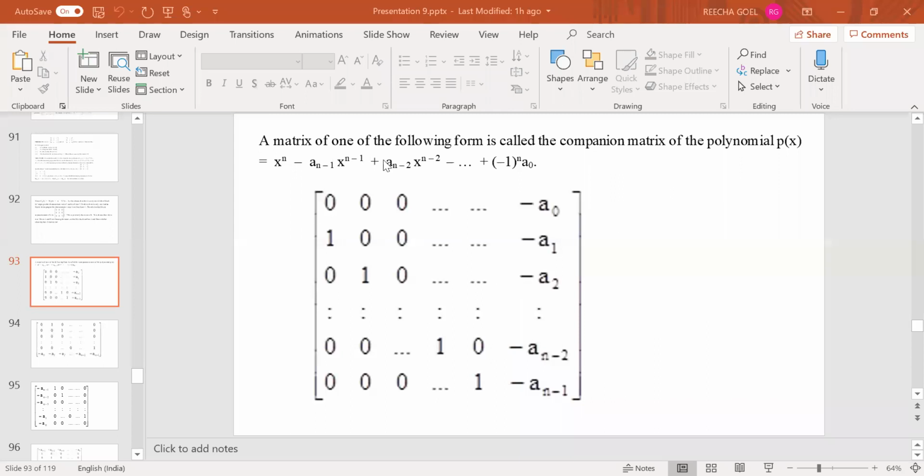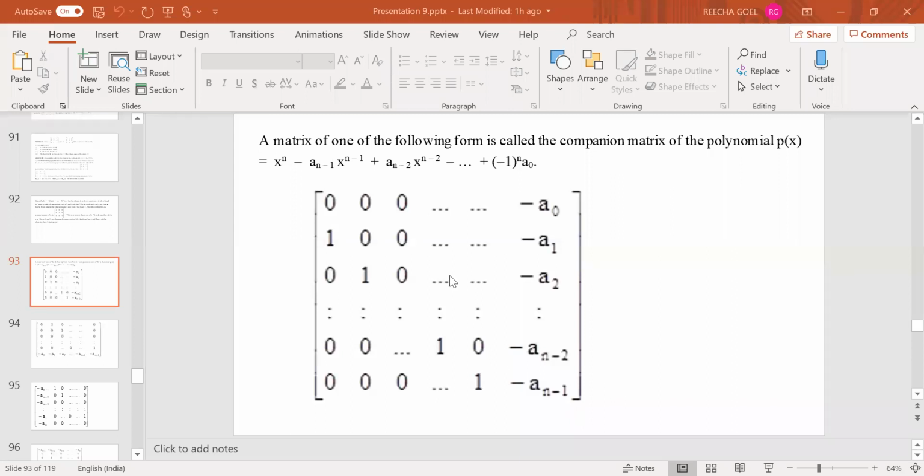So suppose you are given a polynomial p(x) = x^n - a_{n-1} x^{n-1} plus and so on. And remember, this polynomial is a monic polynomial. Then its companion matrix is written either in this form. I start with the last column: -a_0, -a_1, -a_2, up to -a_{n-1}.